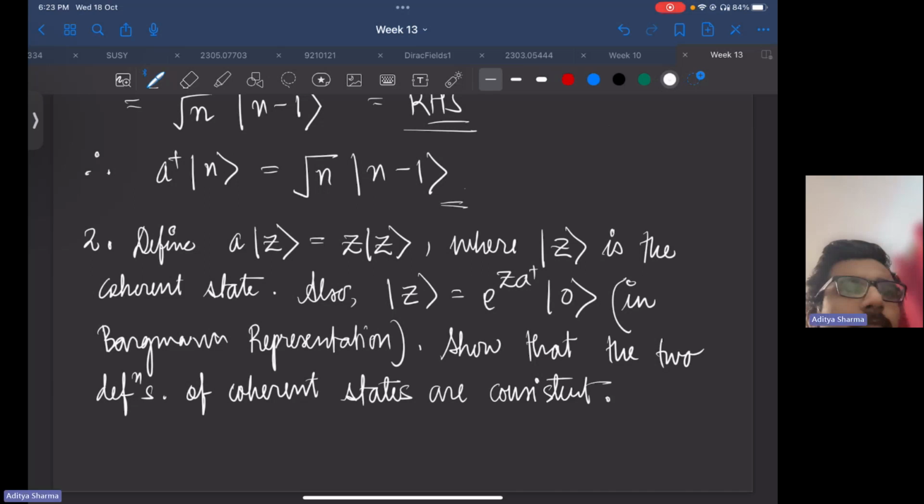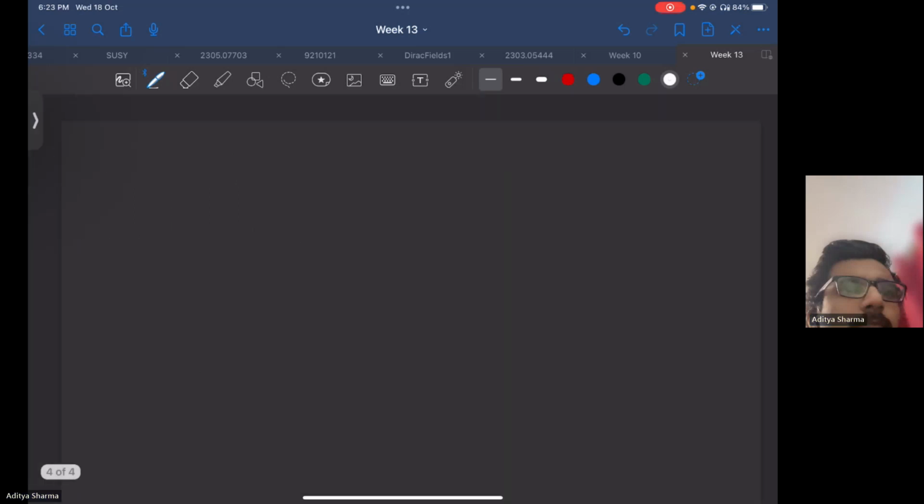For consistency, or rather for equivalence, we have to show that the first one implies the second and the second one implies the first. So we are going to start with one.